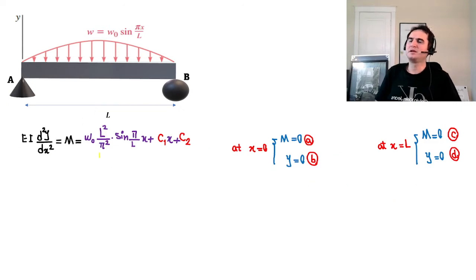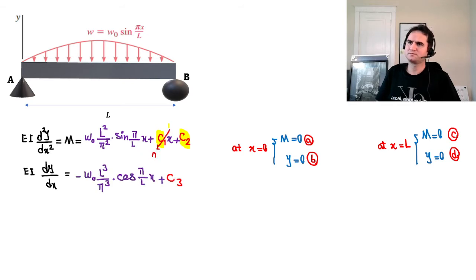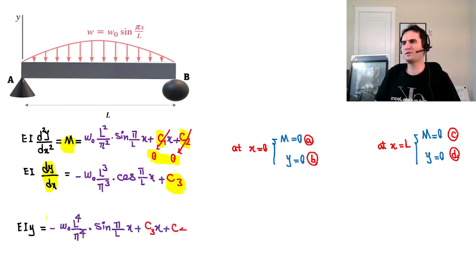So if we already know C1 and C2 go to 0, by the third integration, we can get the slope from moment, and the third constant appears. At the same time, by the fourth consecutive integration from load, we can get the elastic curve, and that's the last constant, C4.